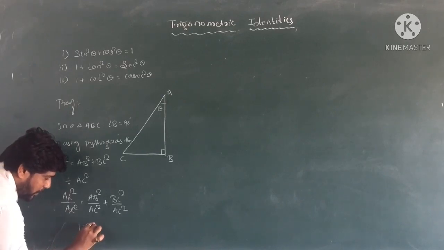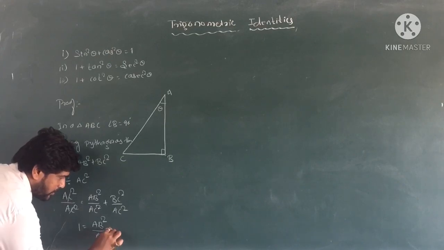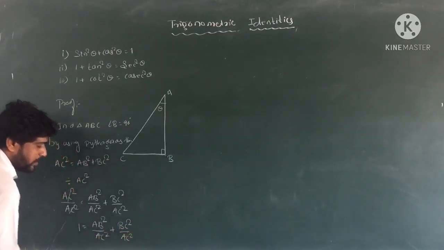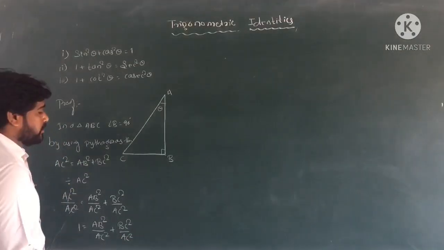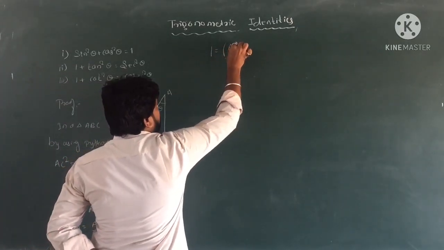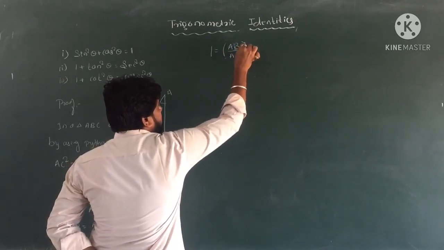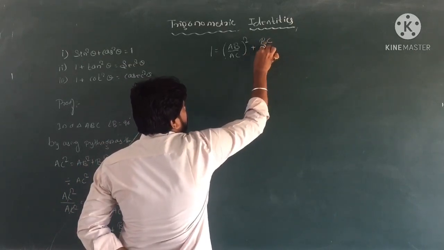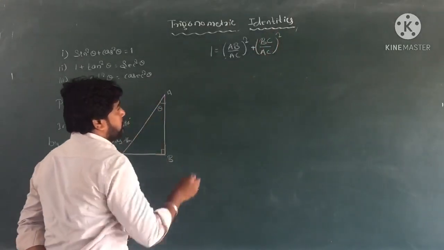We got 1 is equal to AB square divided by AC square plus BC square divided by AC square. Right? So this one we can write 1 is equal to (AB divided by AC) whole square plus (BC divided by AC) whole square.